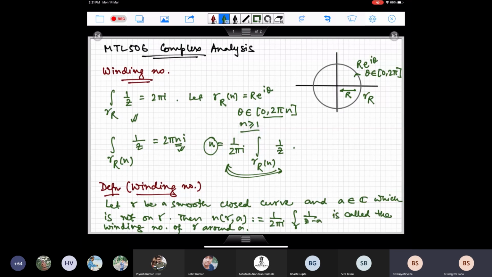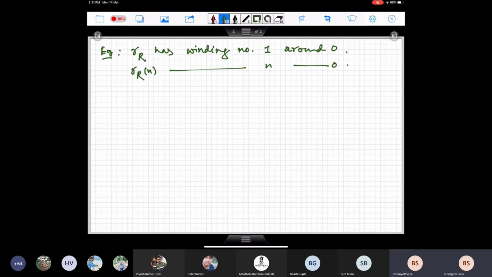And now, of course, I was telling you intuitively, at least from this picture, that this n is really the number of times the curve is winding around 0. So first of all I would like to say that this winding number that I have defined should actually be an integer quantity.